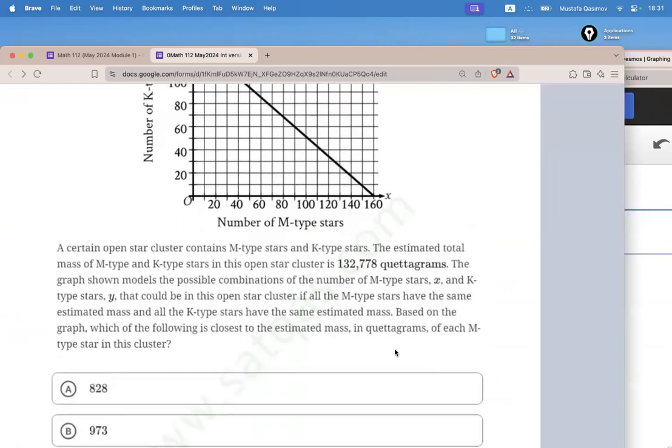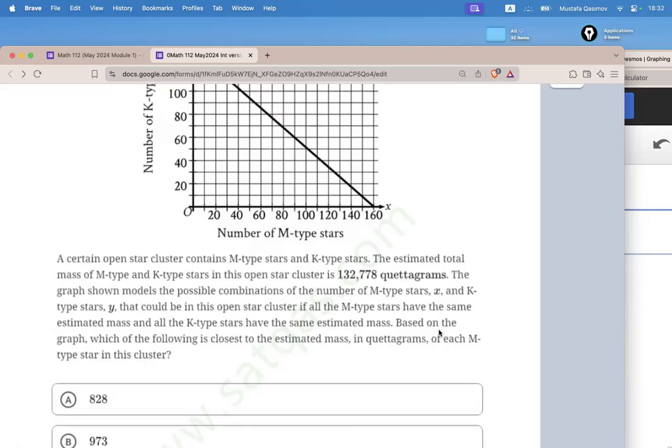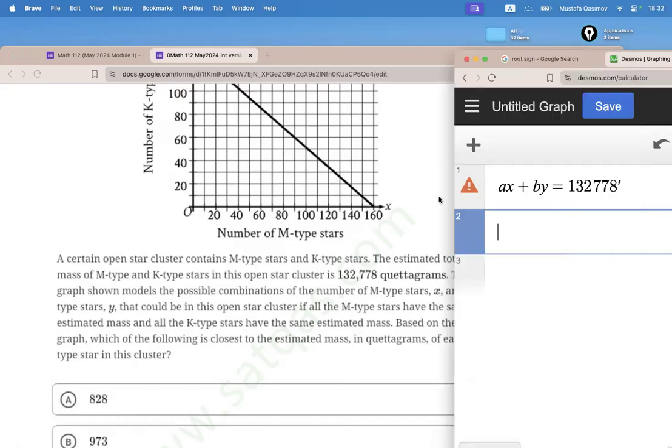Then you have to take here, what's the estimated mass of each M-type star in this cluster? It's M-type, so look at the x-intercept, 160. It means that we have here 160 M-type stars and 0 K-type stars. So it's better to use this one.